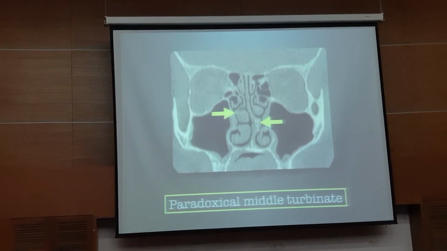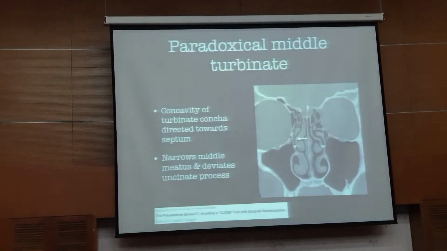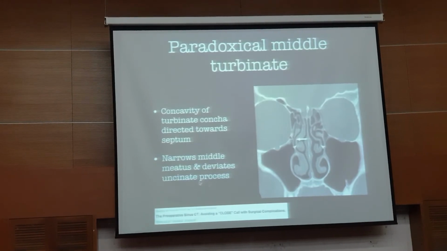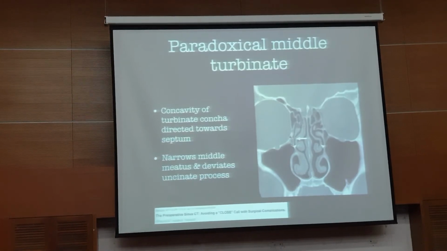So this is an example of a paradoxical middle turbinate. It can, in certain cases, narrow the middle meatus or even deviate the uncinate process. So in this case, this paradoxical turbinate has caused some deviation of the uncinate process. You can see that the ethmoidal infundibulum is a little bit narrowed here.